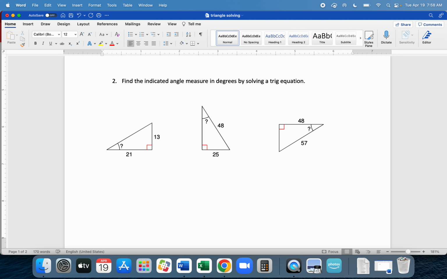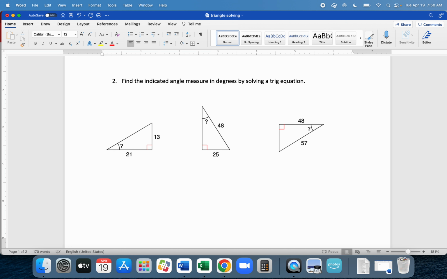These 2 are perpendicular to one another. That'd be like a y and an x coordinate. If I arrange this into a circle, and in fact this is set up, drawn in standard position with one side of the angle we're interested in along the horizontal, and the other one up diagonally from that. So I can imagine that being, let's see, what was it? 21 across and 13 up.